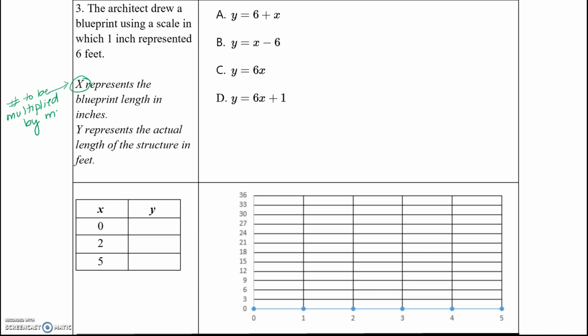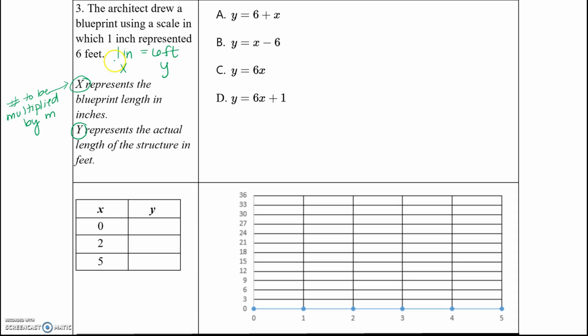So if I have a scale that 1 inch equals 6 feet, it says y is the actual length in feet. So y is my length in feet and x is the length in inches, okay?